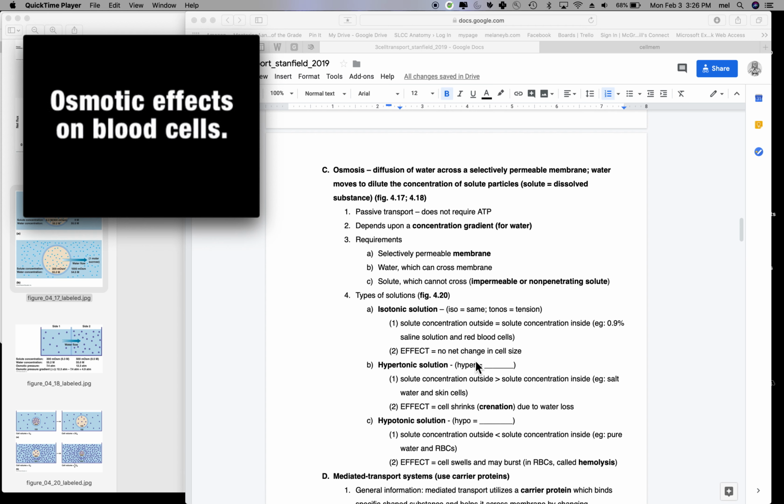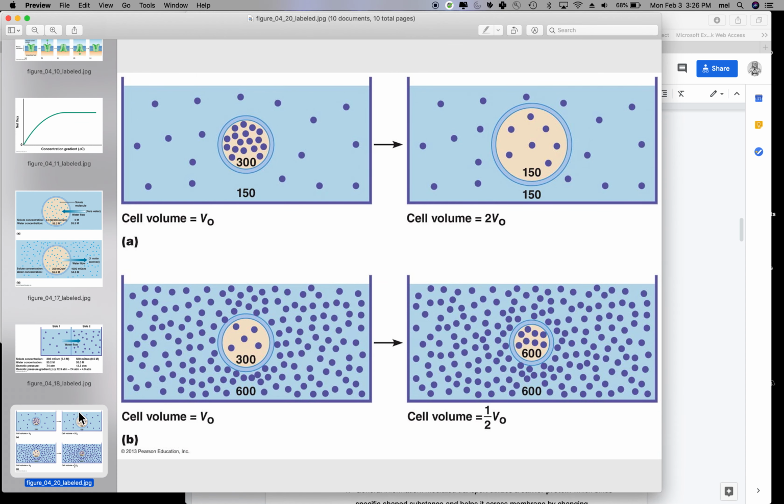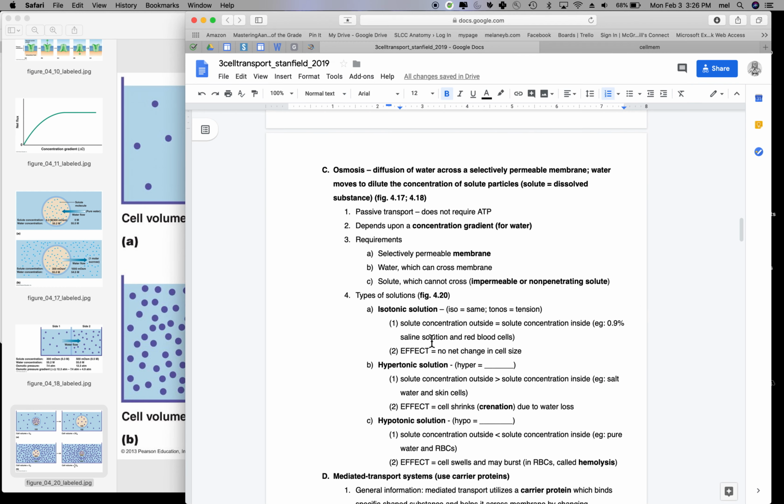So if I have an isotonic solution, iso means the same, that prefix, and tonos implies tension. Okay, so what I'm going to do is I'm going to have a situation. Let's see if they've got any of these pictures. They don't have the pictures of it. I'll show you the video in just a second.